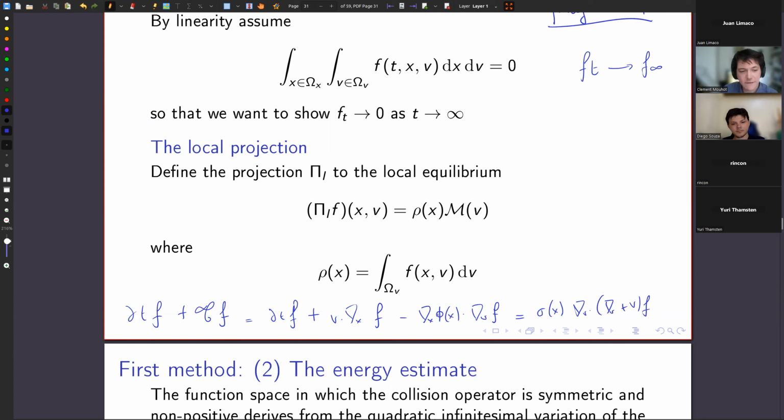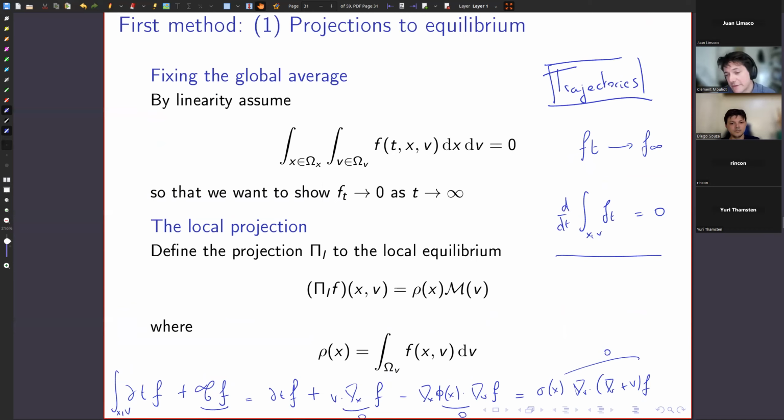If you integrate this equation in x and v, you will realize this gives 0. It's a divergence in x, this gives 0. It's a divergence in v, and this gives 0 because it's a divergence in v. So in other words, the total integral is not changing with time. And the problem is the equation is linear.